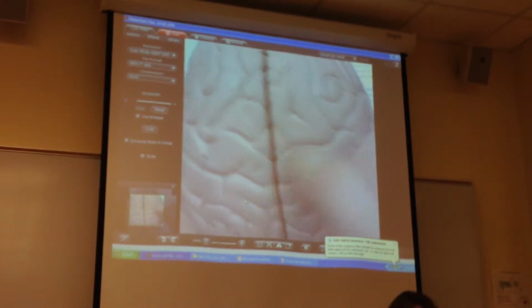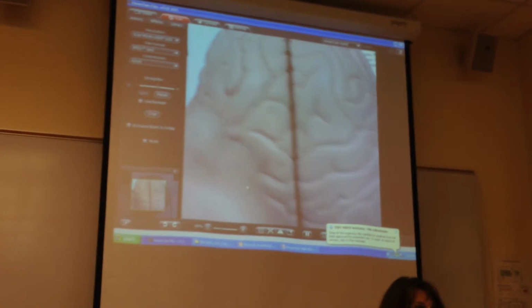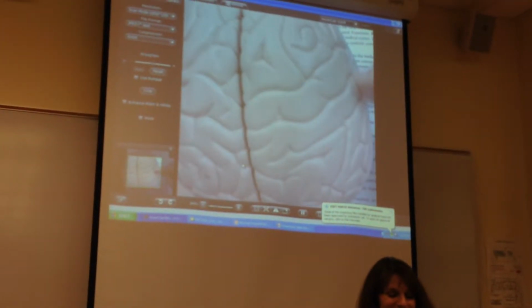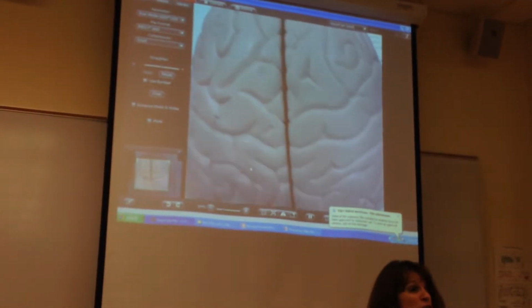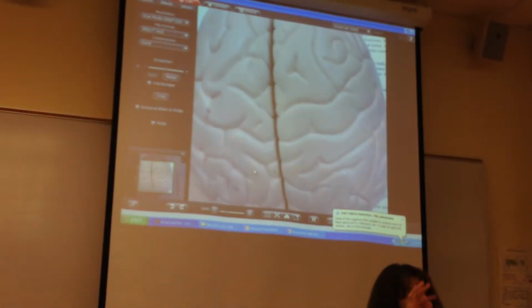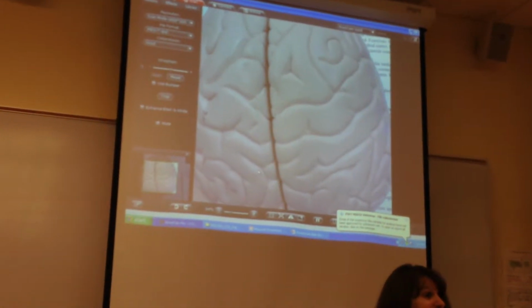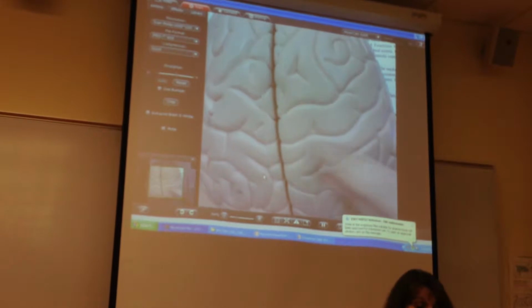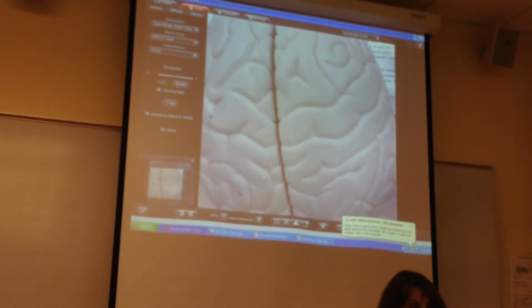Do you all remember that when we looked at the module, we took this region right here and behind, and mapped out the sensory information? Do you remember that homunculus? That's what that was trying to show.